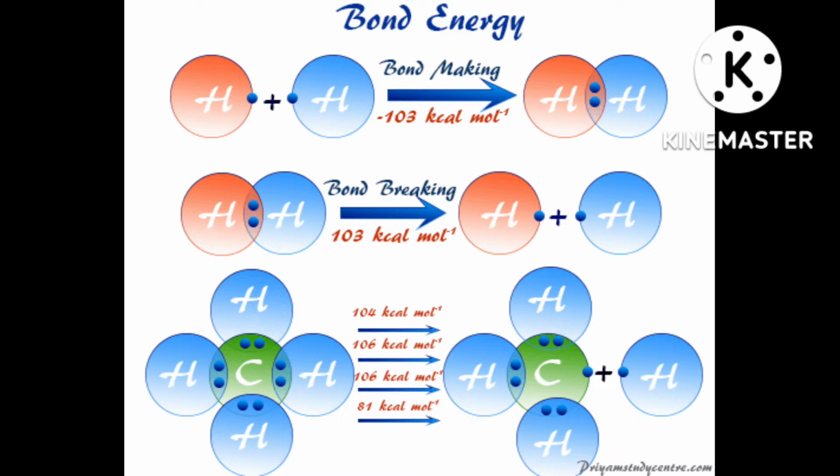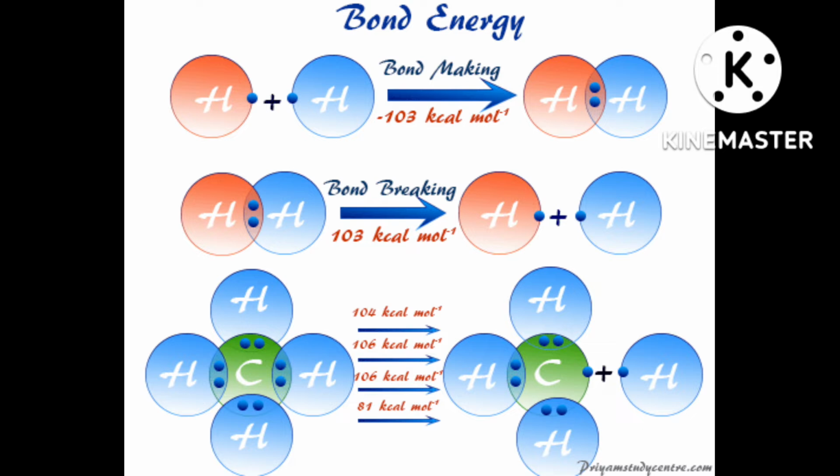Then here H atoms are formed by breaking HH bonds in a dihydrogen. Dihydrogen means H2. The breaking of HH bonds in dihydrogen requires heat, or heat is absorbed.